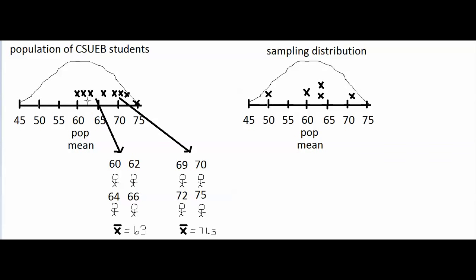And one last thing I wanted to mention is that if I'm taking a sample of Cal State East Bay students and I'm recording their heights and I'm calculating the mean of my sample, the sampling distribution over here only exists as an abstract idea. It's not actually something that I'm constructing. The sampling distribution only exists in theory.